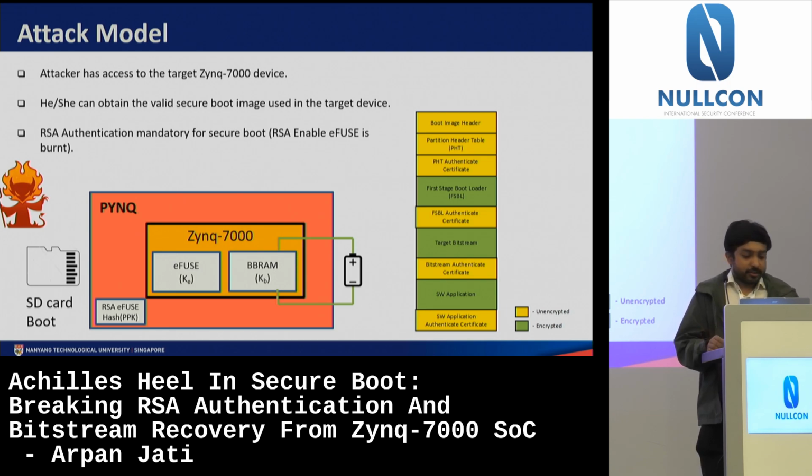RSA must be enabled, because obviously we're trying to attack RSA. Other than that, we don't have any other requirements, and the attack works both for eFuse and battery backed key storage. Either of them can be used and the attack still works. That's it for the attack model.